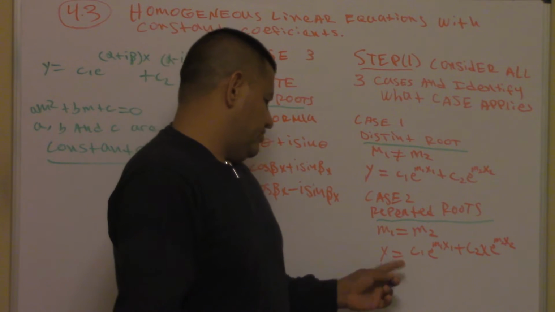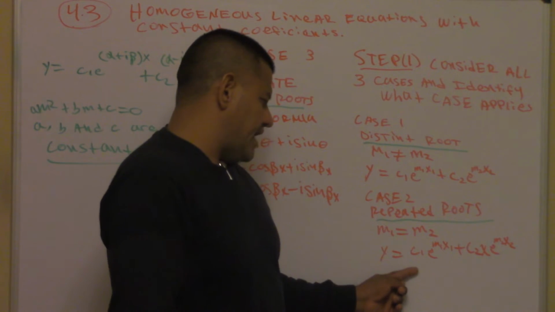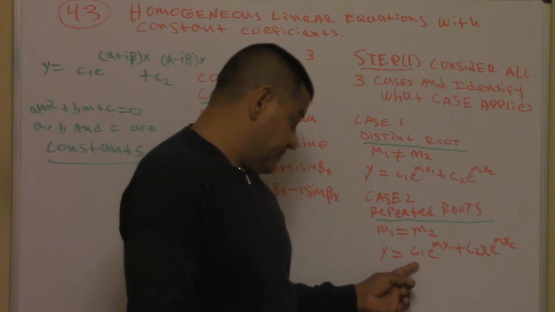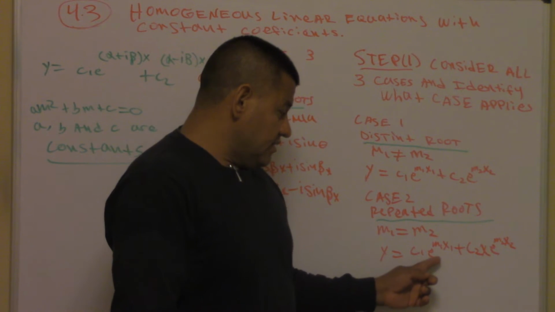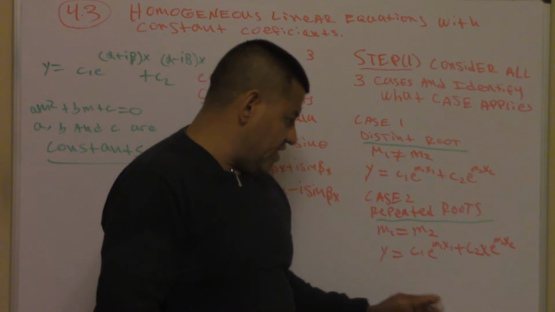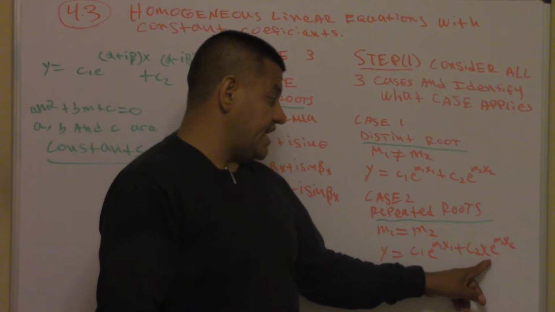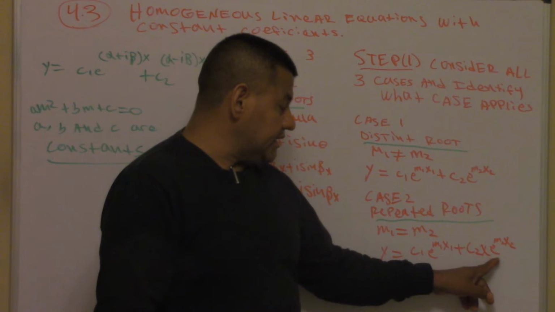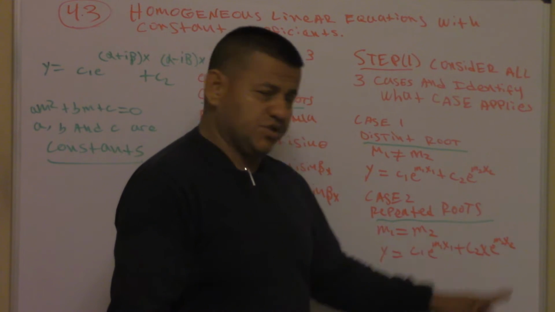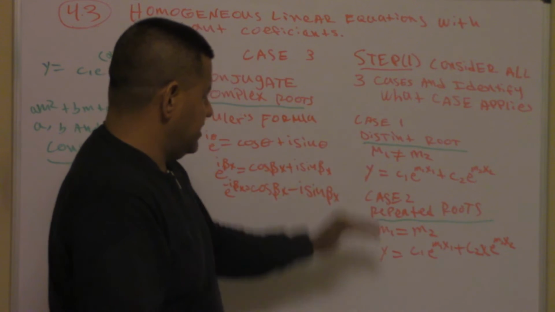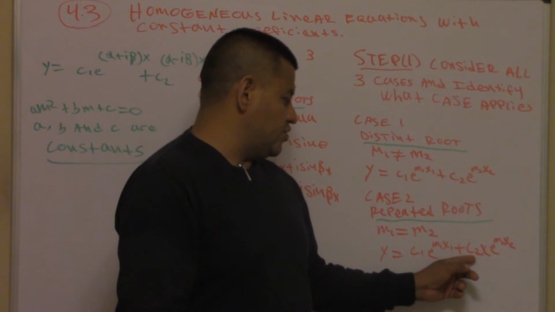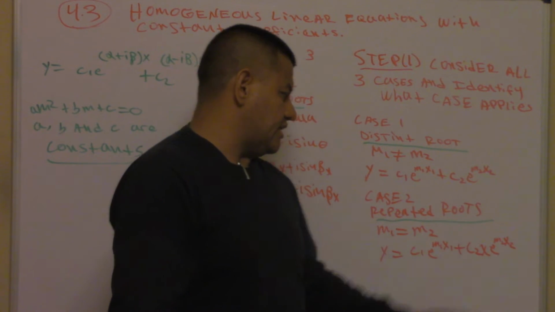The general solution, or the complementary solution, is going to be C1 e to the m1 x plus C2 x e to the m2 x. The only difference between case 1 and case 2 is that we have an x in between C2 and e.